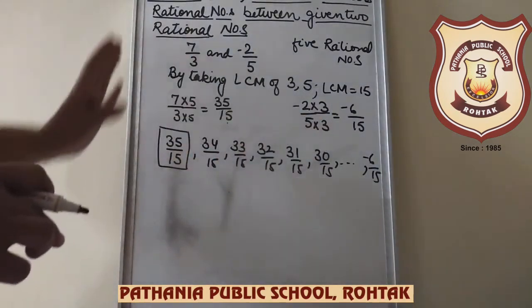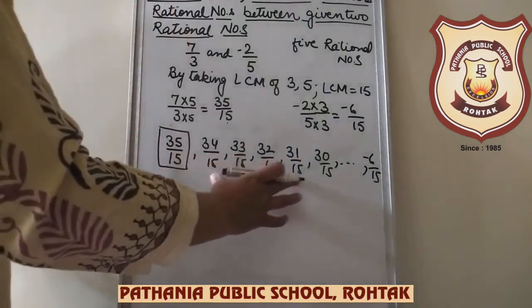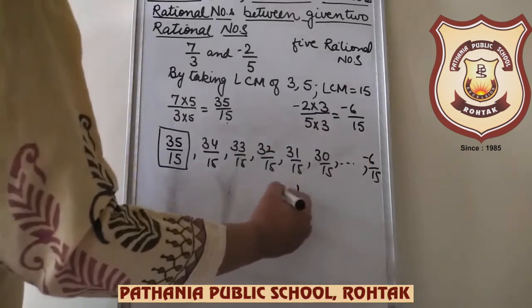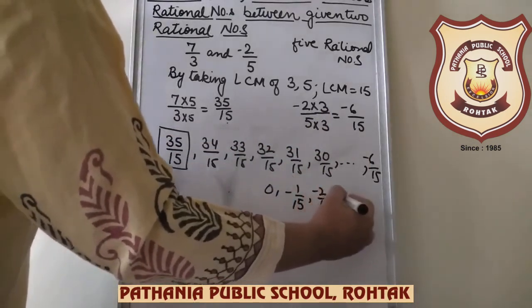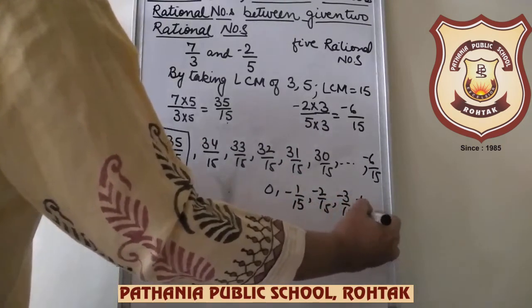You can write, and as they have asked 5 rational numbers, you can pick any, or you can write -1/15, 0, -2/15, -3/15, -4/15.